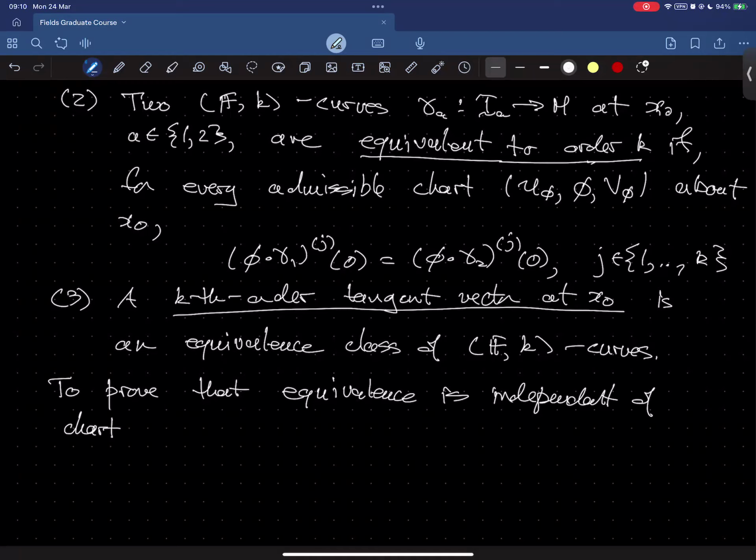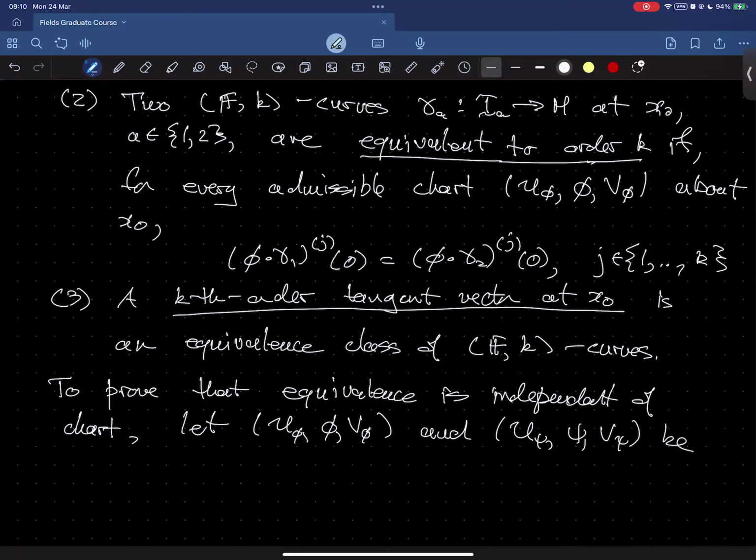You have to choose two charts. So let (U, phi) and (V, psi) be two charts.